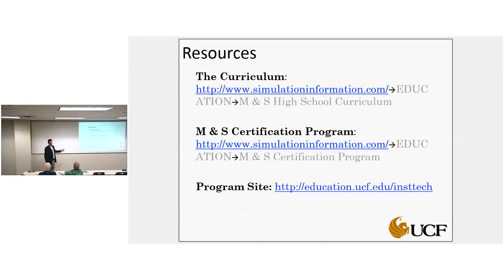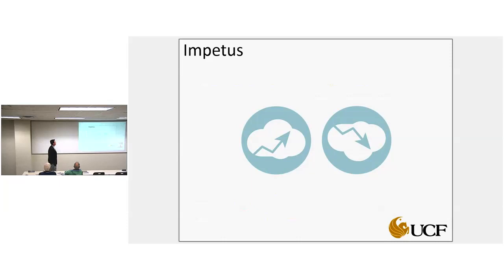And if you're interested in checking out our ID for Sims or any of our programs, you can go to our program site there. If you forget any of this, my name is Richard Hartshorn. You can email me, and I'll send you anything you want. Or if you have any questions about any of this afterwards, I'd be happy to answer those as well. Excuse me. We have a quick question.